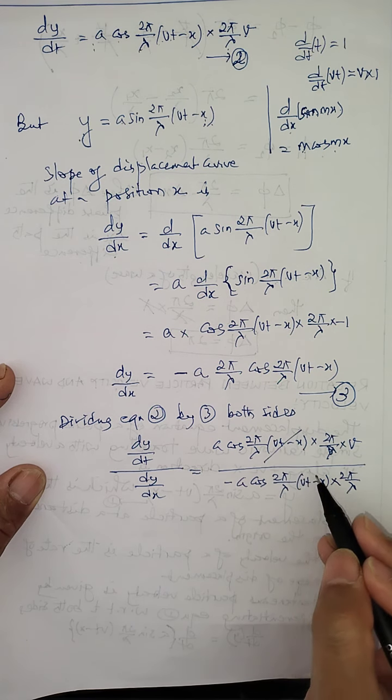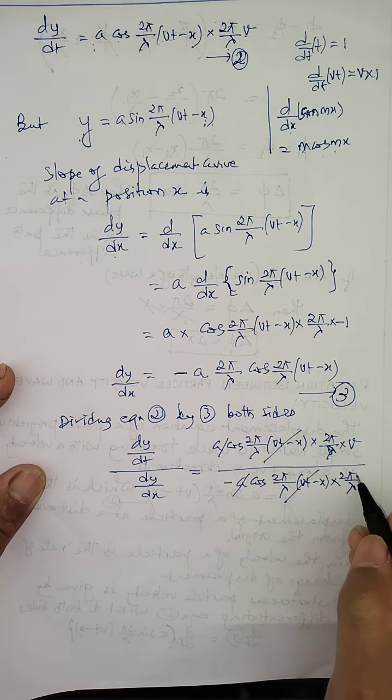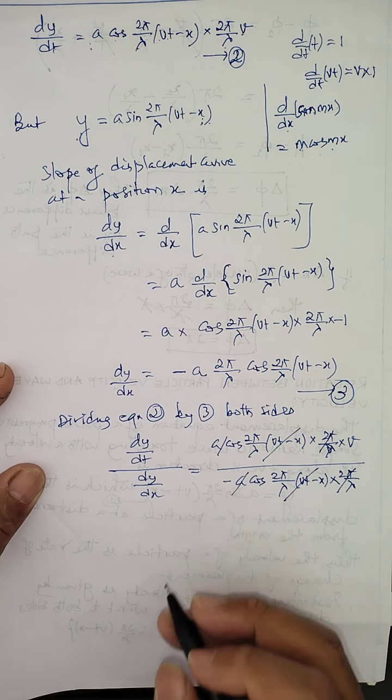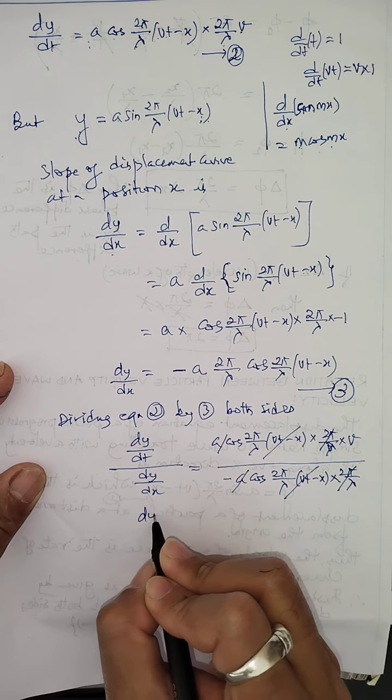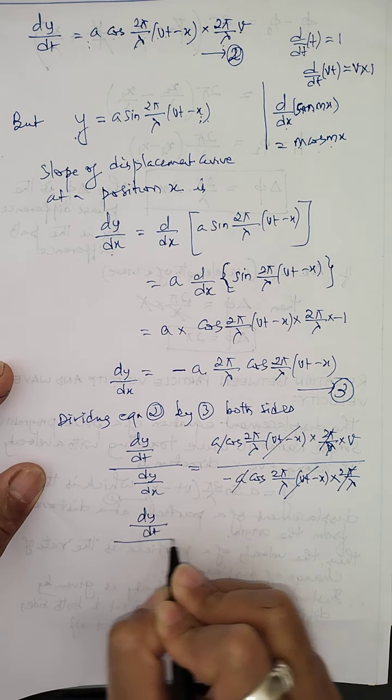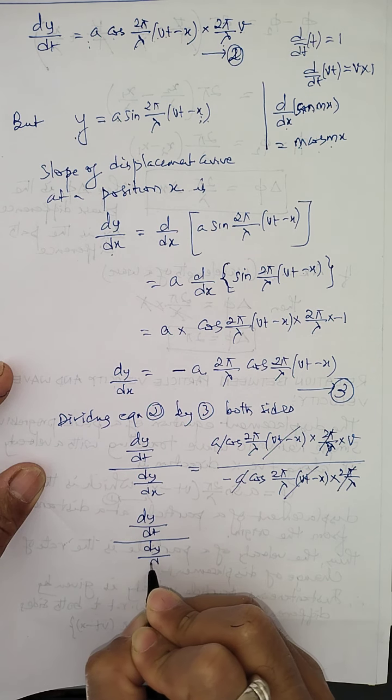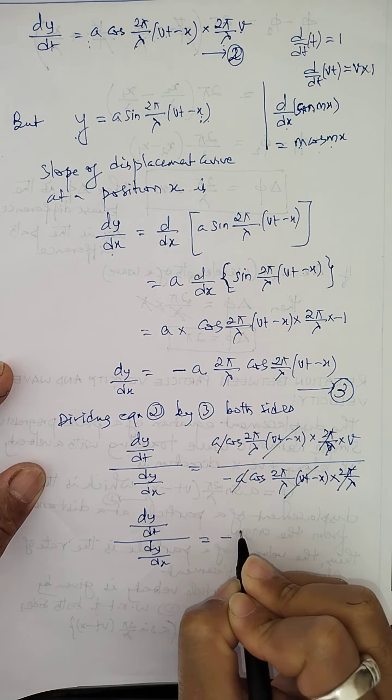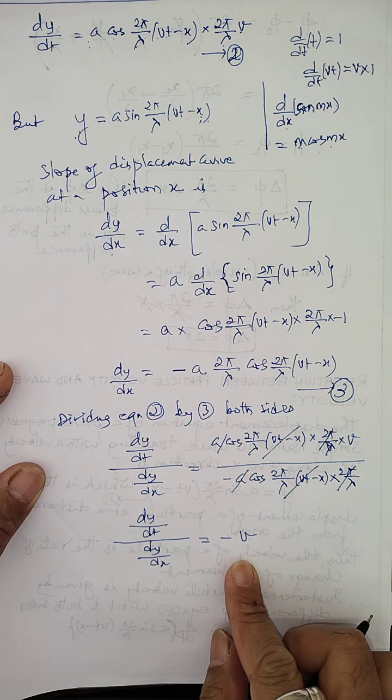Now the cos cancels out, a and a cancel out, 2 pi by lambda also cancels out. So what remains is dy by dt divided by dy by dx equals minus b. Only minus b remains on the right hand side.